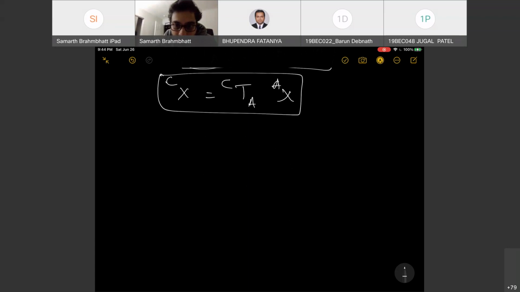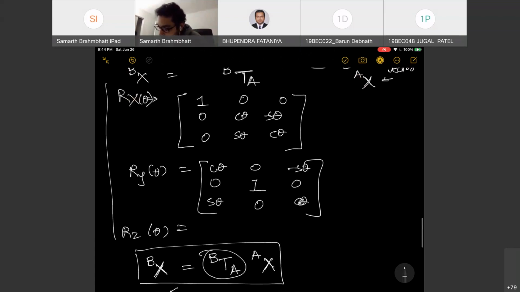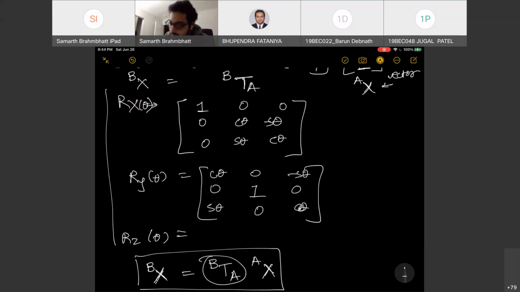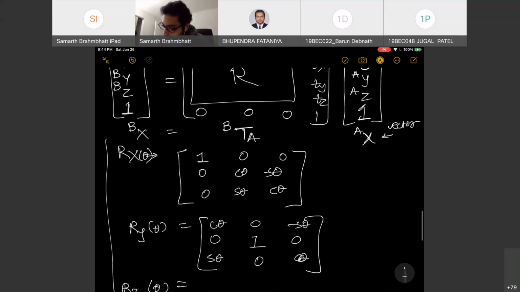So let's see. Yes, we can combine multiple transformations. And I just want to mention, when I said how to combine these rotations, you can actually think of this rotation matrix, this is a 3 by 3 matrix, but if you add 0, 0, 0, 1, and then 0, 0, 0, you can actually make a 4 by 4 matrix like this, right? So this just means that it is a pure rotation because the translation is all zeros.